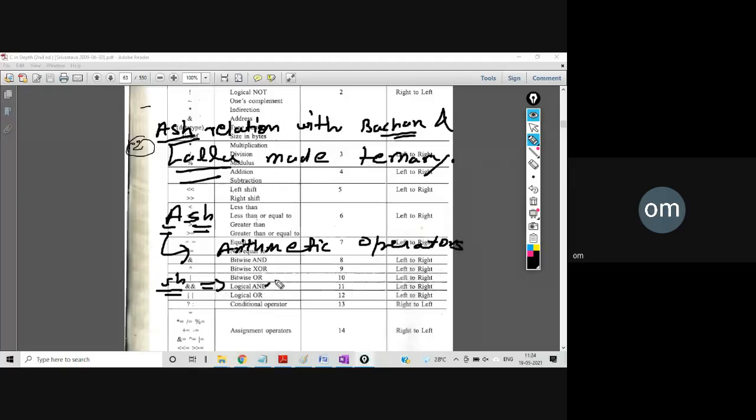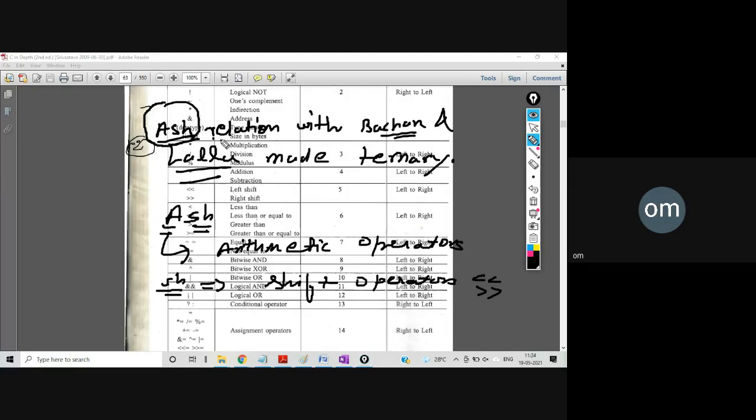I can write shift operator. Shift operators means what? Left shift and right shift, okay? Like this. Left shift and right shift, shift operators. So the first part is clear, this Ash.